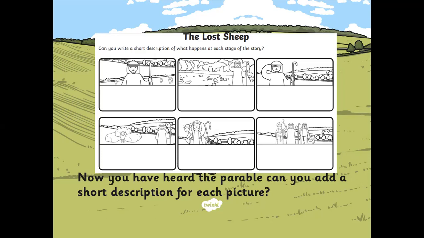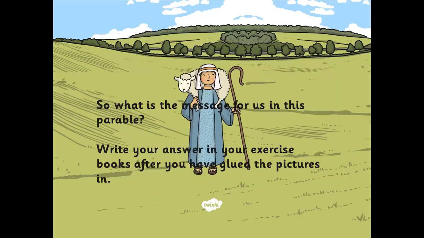And then I'd like you to pause the video and think about what is the message for us in this parable. The story's about a shepherd and some sheep. Why is Jesus telling us this story? What is the message for us in the story? Who does the shepherd and his sheep represent?